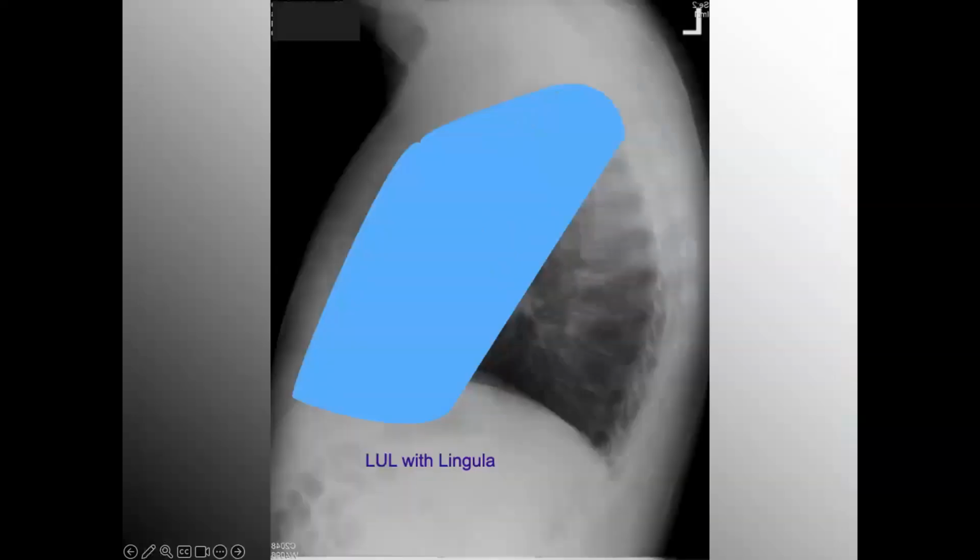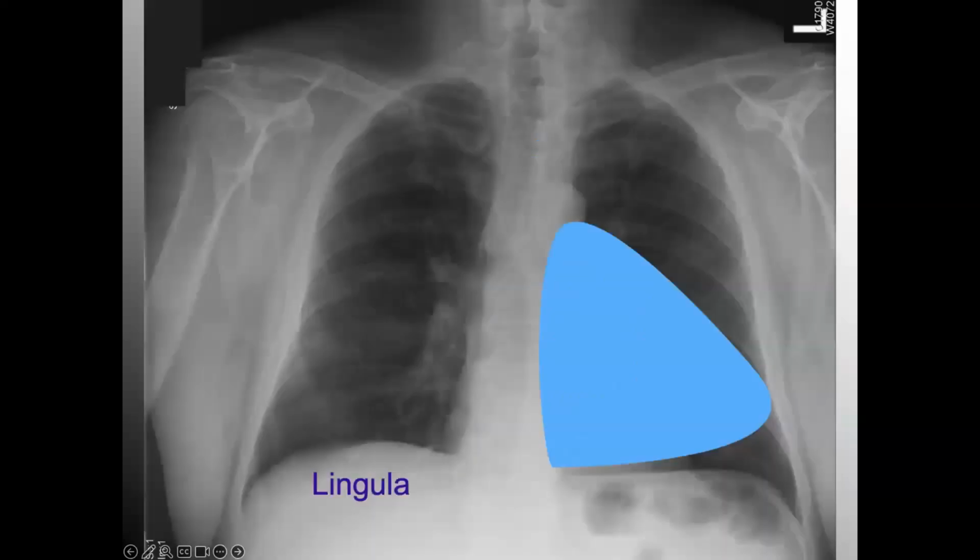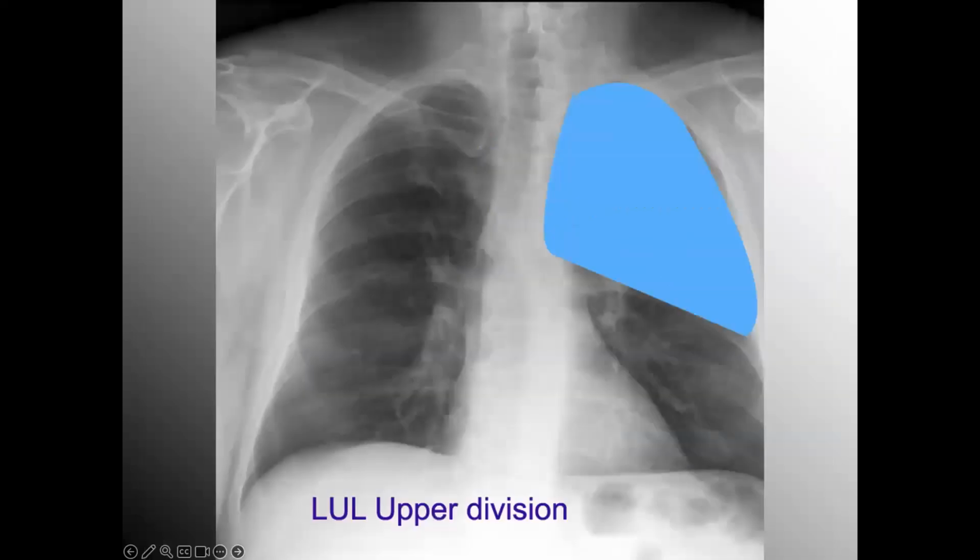We see this quite often. Here is the left upper with lingula, and this is the lingula all by itself. If I have a lingular infiltrate where I have radiopacity, it is going to silhouette with the left anterior cardiac border. I'm going to lose the ability to appreciate its clear outline. And here is the left upper, last but not least, just by itself.